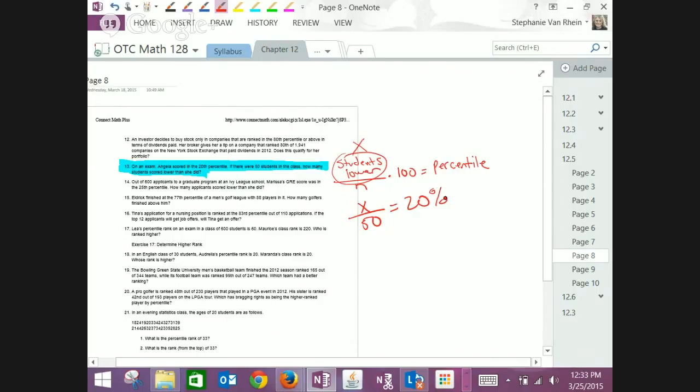How could I solve for x? Multiply by 20%, right? But I either hit 20% in my calculator or change that to a decimal. You cannot enter 20 in your calculator times 50 and expect to get x. You have to take 20%. So x over 50 equals 0.20. I multiply both sides by 50. X is 10.